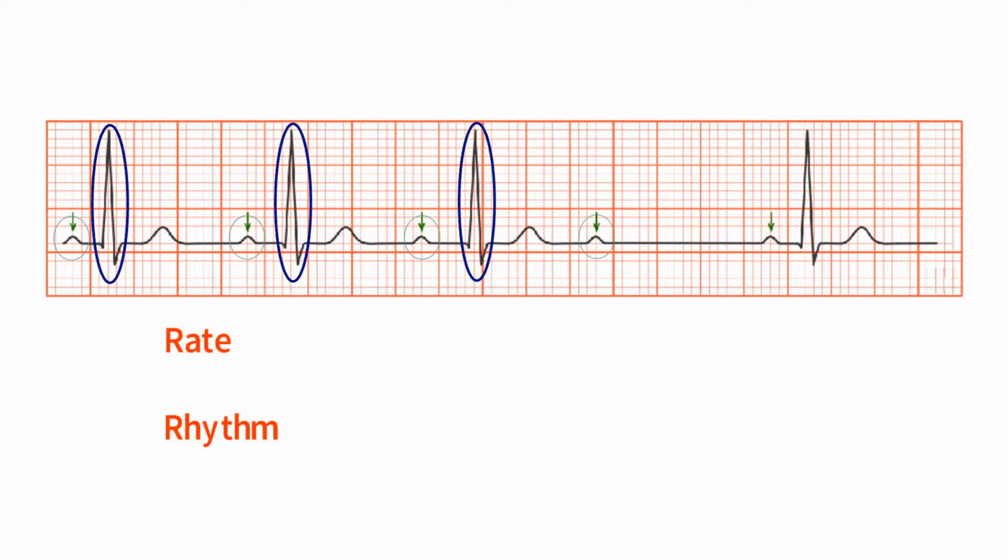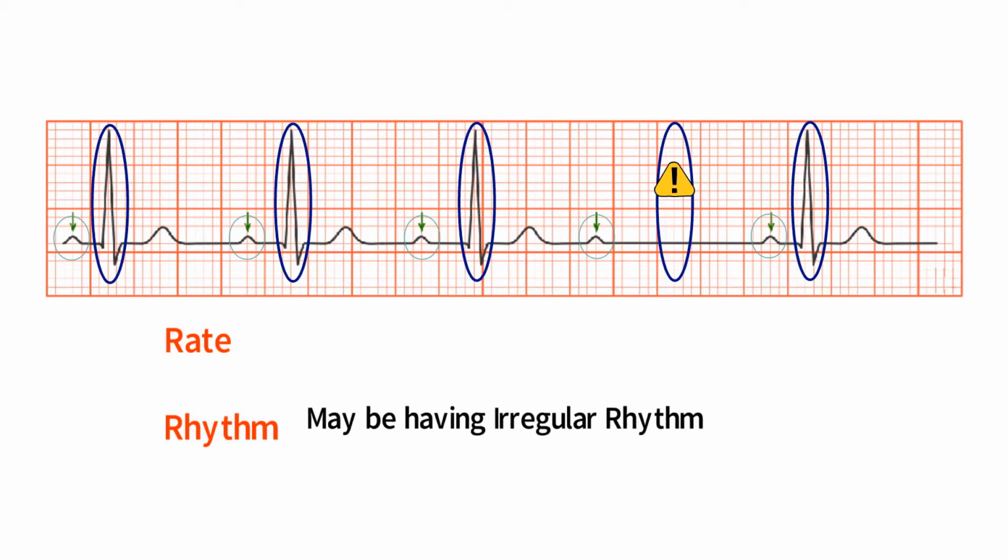So first wave, okay, a P wave followed by QRS. Second wave, okay. Third wave, okay. Fourth wave, you can find that there is a dropped QRS beat. So that's another thing that we found. And the P wave is upright because this is lead 2. Okay, so now we checked rhythm. We found that this patient is maybe having an irregular rhythm, and also he or she may have a bradycardia or bradyarrhythmia.